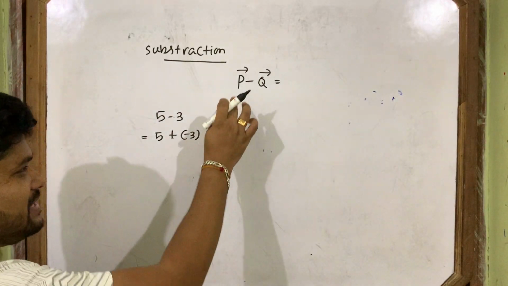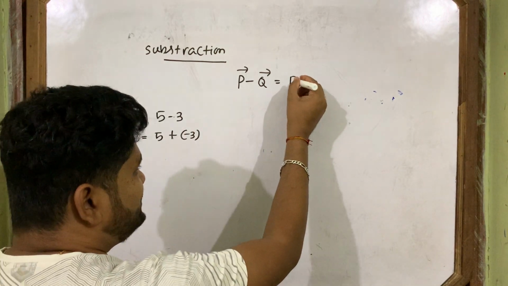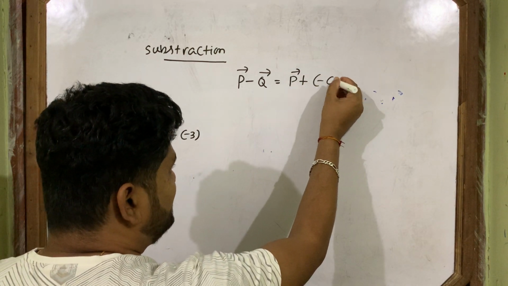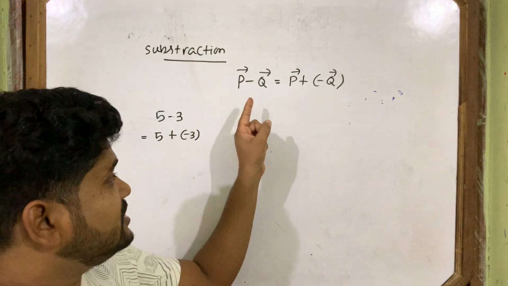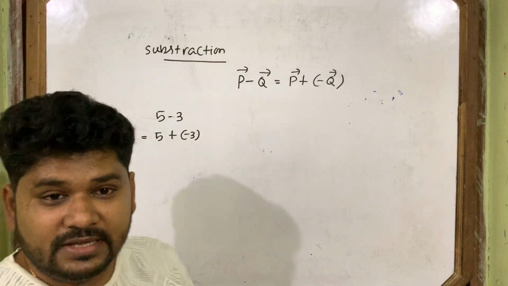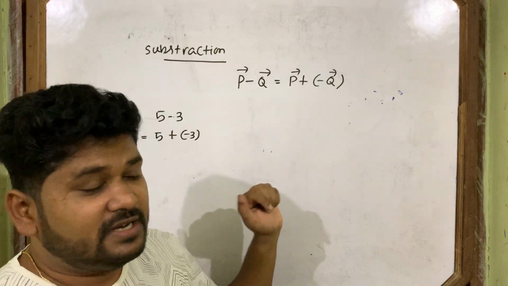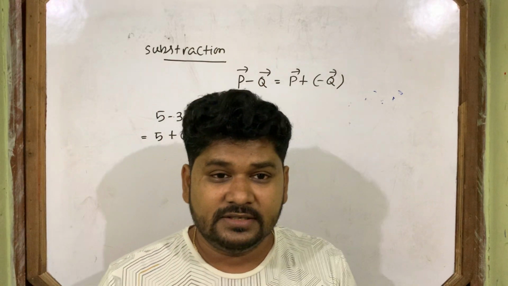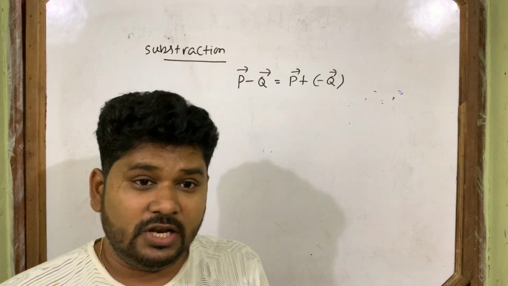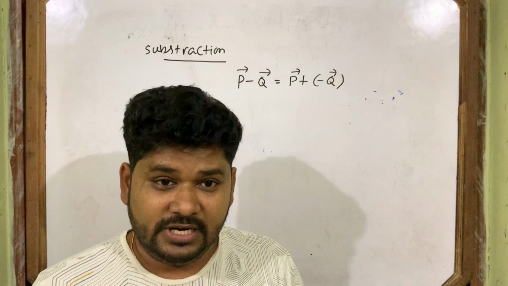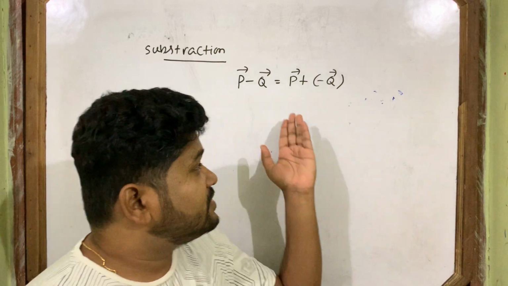Similarly, p vector minus q vector. So that can be done like this: p vector plus minus q vector. That means subtracting q from p is equal to addition of a p vector with negative of a q vector. So we convert the subtraction into addition, and already we know addition, by using triangular law and parallelogram law. If you know addition, then subtraction is now over.